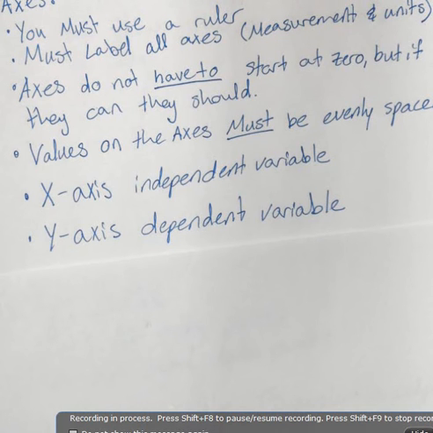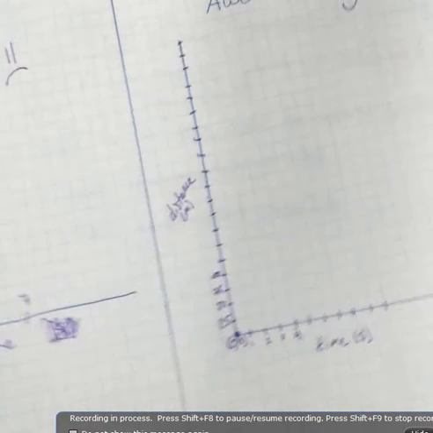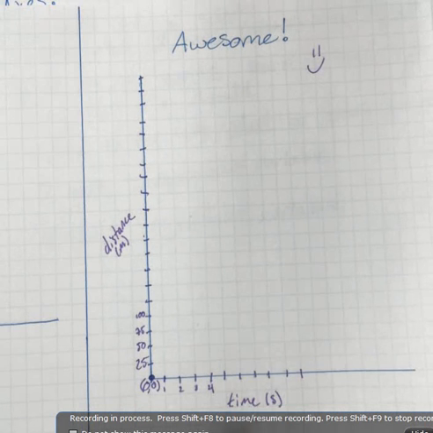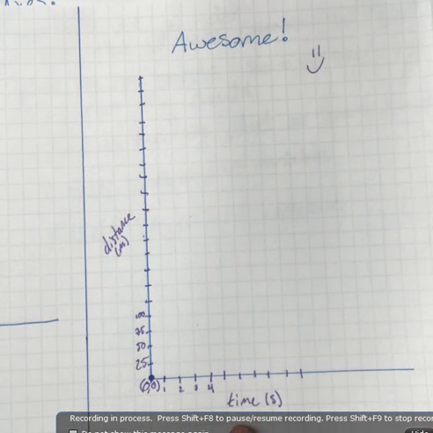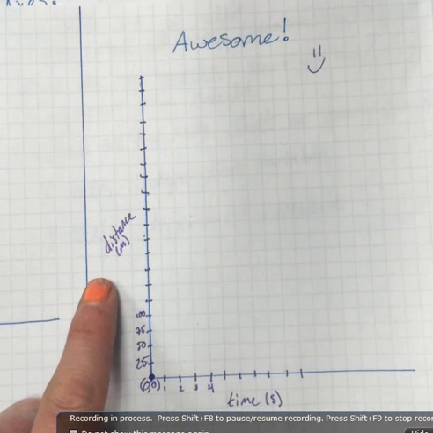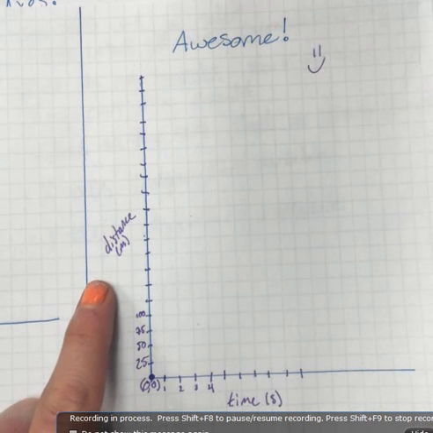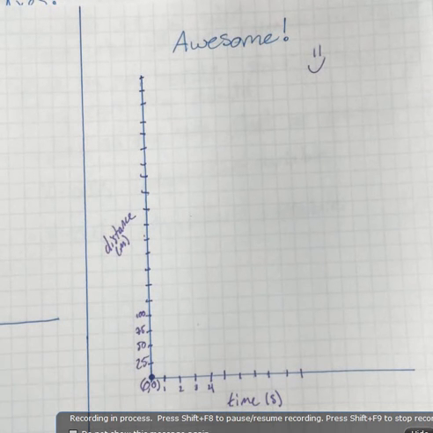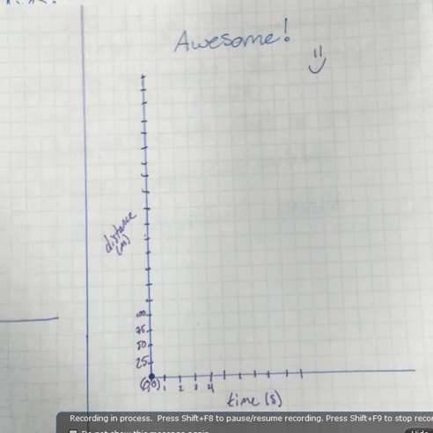You're going to see that that is in fact represented on our awesome graph. Time is our independent variable. Time will continue to pass whether we want it to or not. Whereas distance, or displacement, which would be more correct, is going to depend on how much time passes along with some other variables.